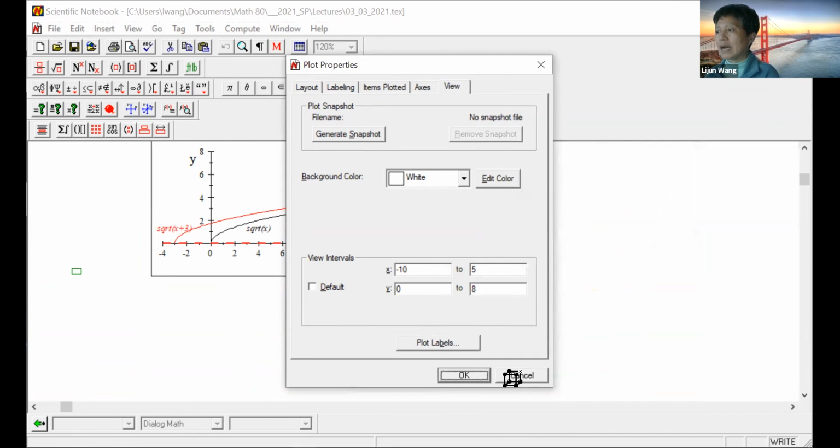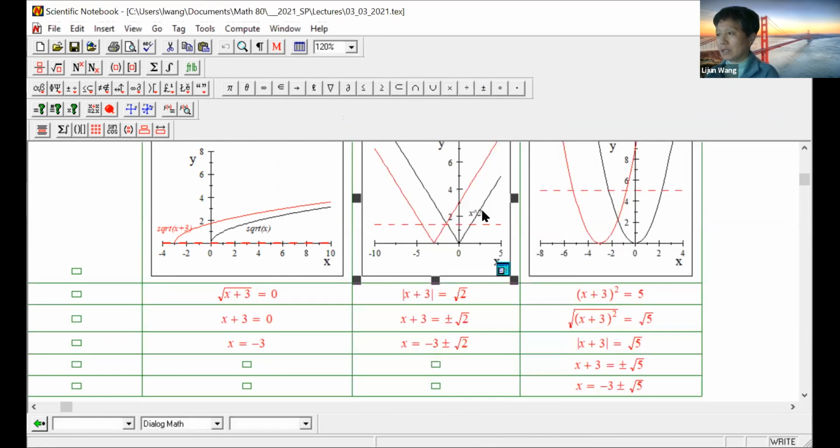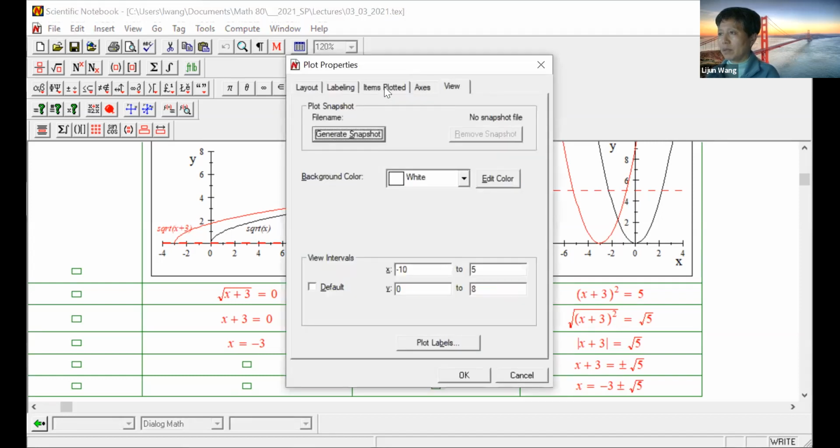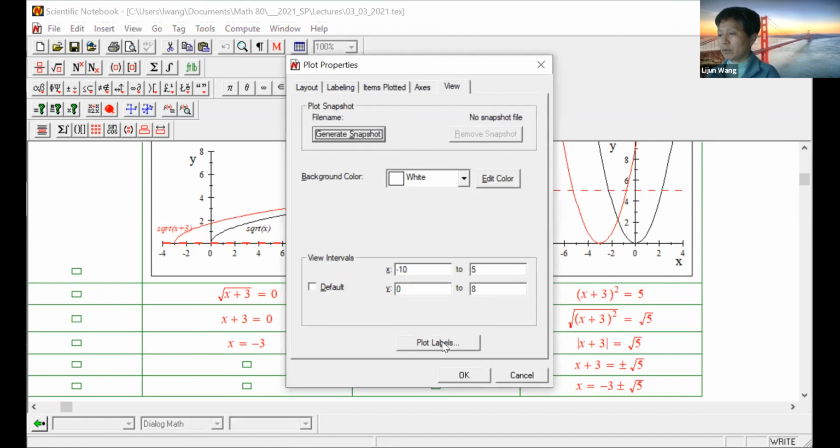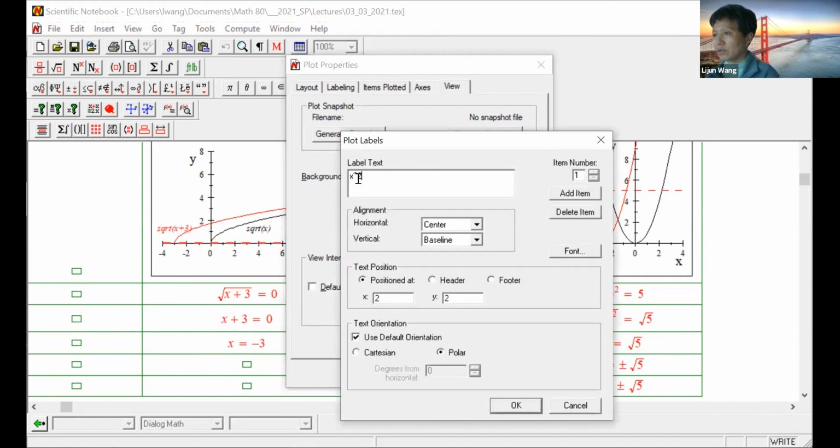But over time, you will understand. So this curve is x squared, and this red curve is going to be x plus 3. No. What am I doing? I'm plotting the wrong thing in the wrong place. Okay, I apologize. This is the absolute value of x. Okay, my bad.